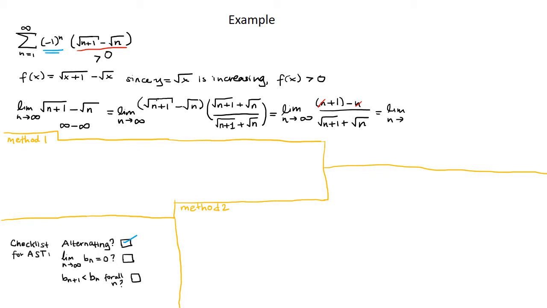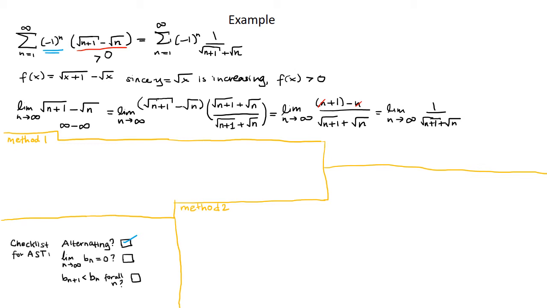So this is the limit as n goes to infinity of 1 over the square root of n plus 1 plus the square root of n. Notice that we haven't actually taken any limits yet. So another way of writing our series is n equals 1 to infinity, negative 1 to the n, times 1 over the square root of n plus 1 plus the square root of n.